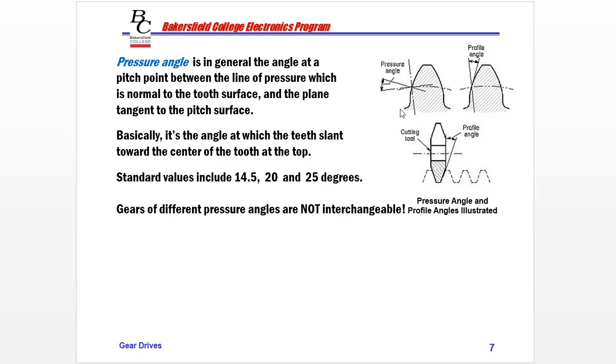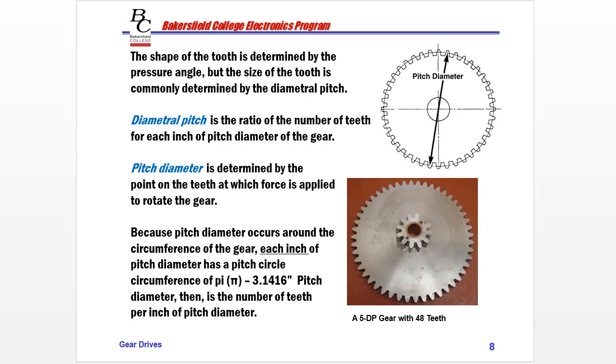This pressure angle actually determines the shape of the tooth, because with a different angle, the shape will change because of the slant of the tooth. So the shape of the tooth is determined by the pressure angle on the previous slide.